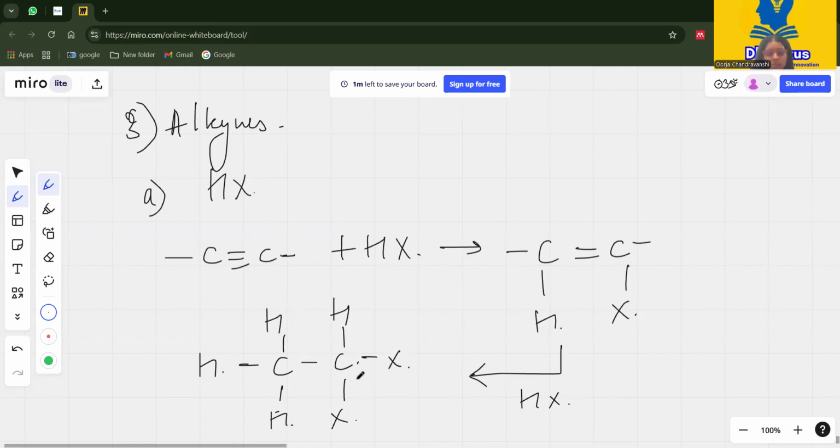So what is this now? This is called a geminal halide. This is our geminal dihalide product, since the addition of halogen took place on the same carbon.